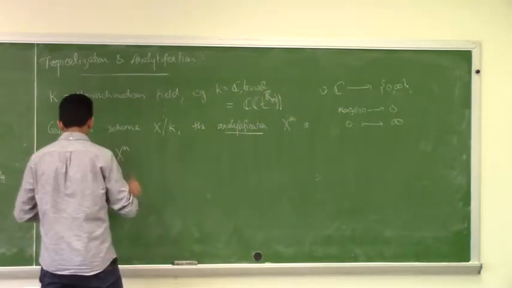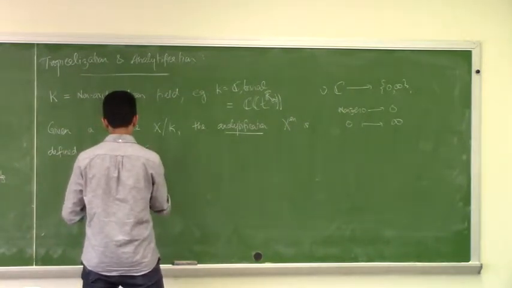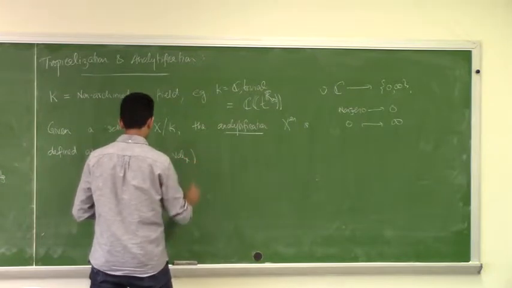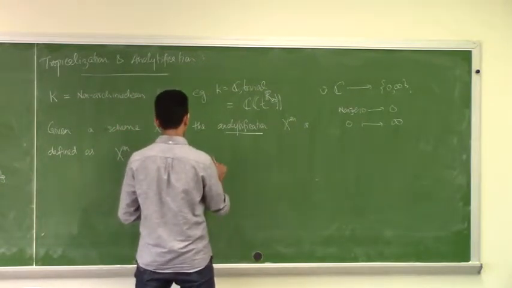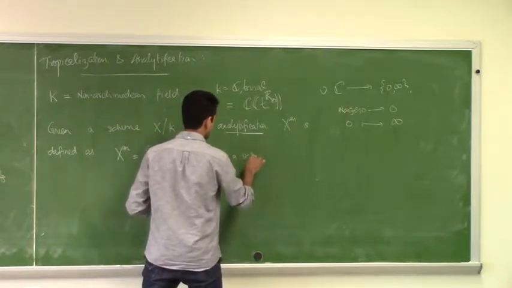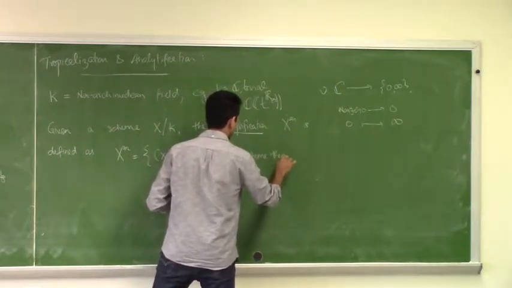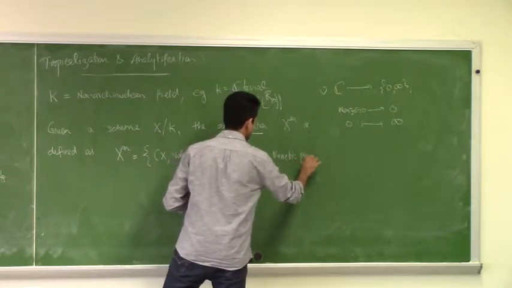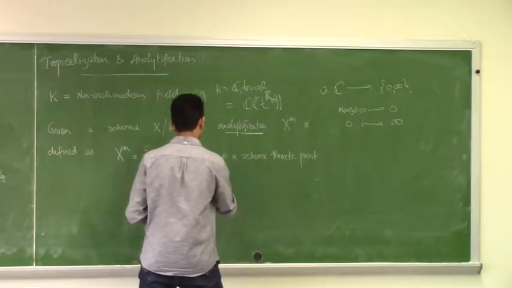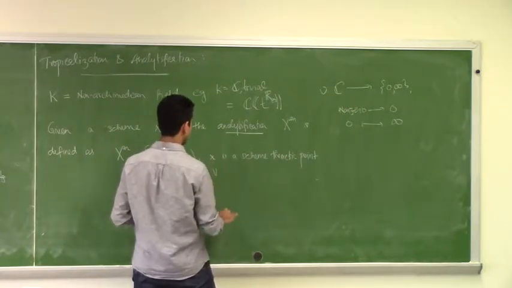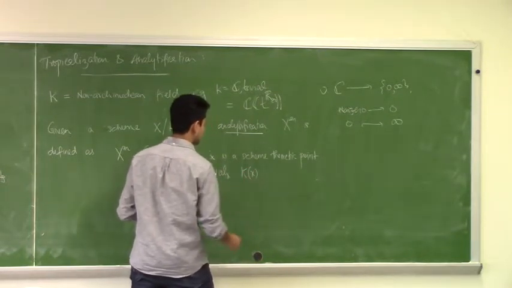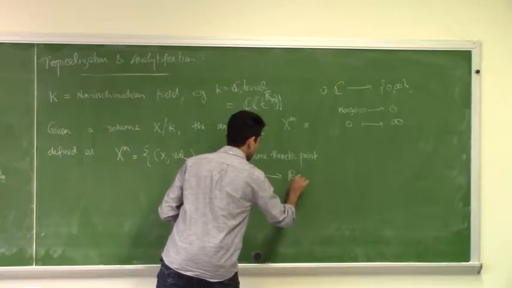So X analytic is going to be pairs of little x, comma, valuation sub little x, such that little x is a scheme theoretic point, not just a closed point. Closed points turn out to be surprisingly boring. So little x is a scheme theoretic point, and the valuation of x is a valuation on the function field.